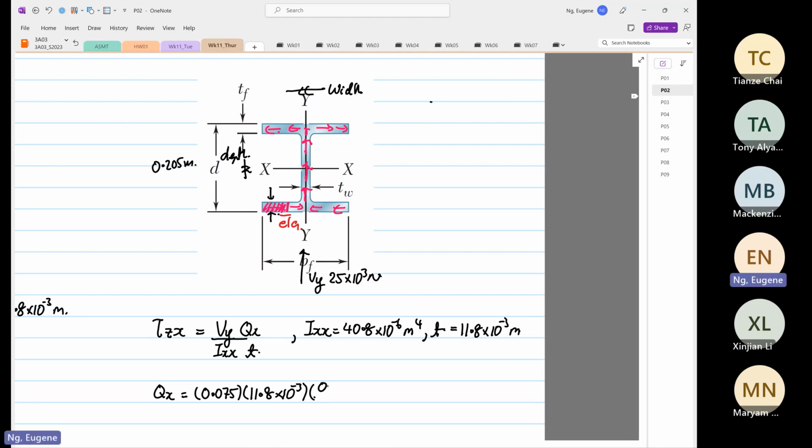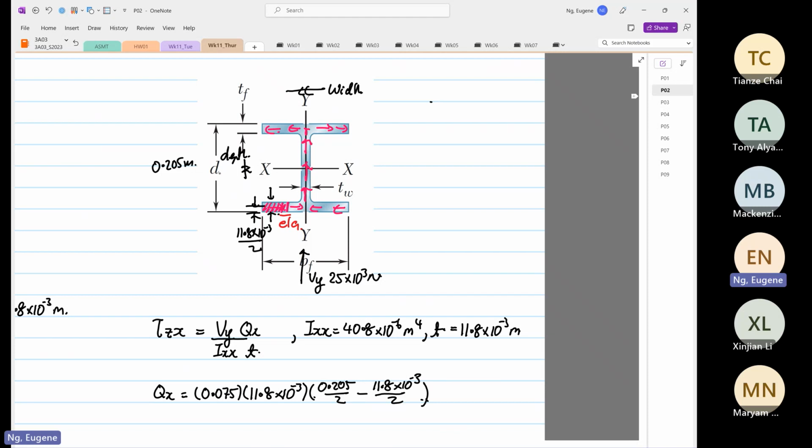Right, so 0.205 divided by 2 minus 11.8 times 10 to the power minus 3 divided by 2. Why? Because the distance from here to here is equal to 11.8 times 10 to the power minus 3 divided by 2.